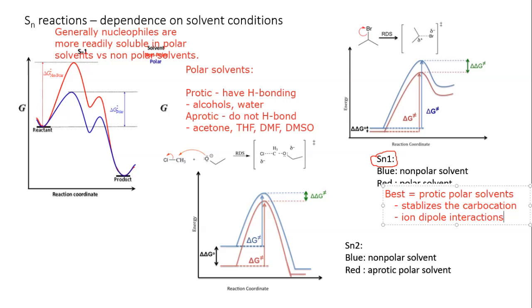It helps stabilize it, so then it can continue through the reaction. So for SN1 reactions, the best solvents are protic polar solvents. They help lower the activation energy of your reaction. So if you had to choose for an SN1 reaction, you would choose a protic polar solvent because it helps lower the activation energy.